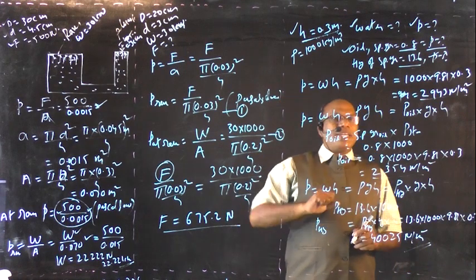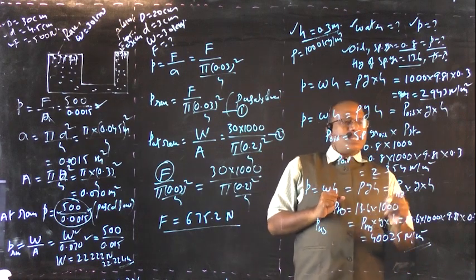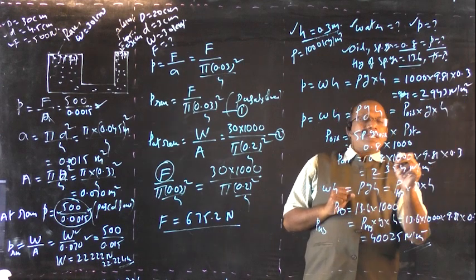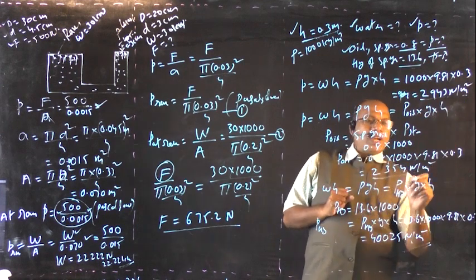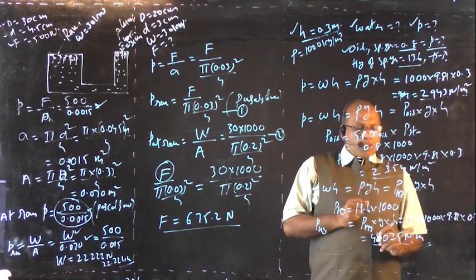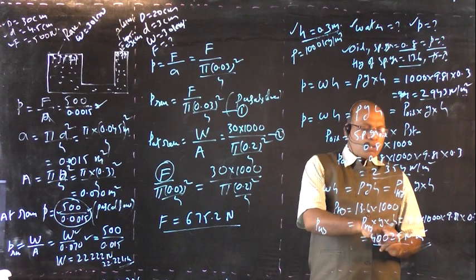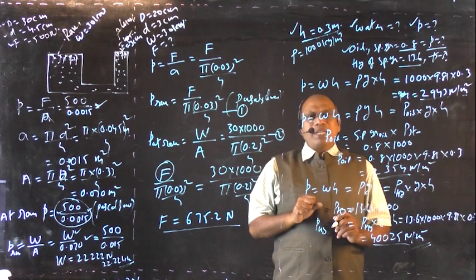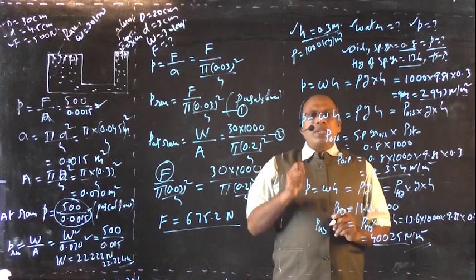What we have observed here: because of the water, the pressure is equal to 2943 Newton per meter square. Because of oil, 2354 Newton per meter square. Because of mercury, column head 0.3 meters, 40025 Newton per meter square. Based on this problem, we observed that the pressure intensity is more in case of mercury.